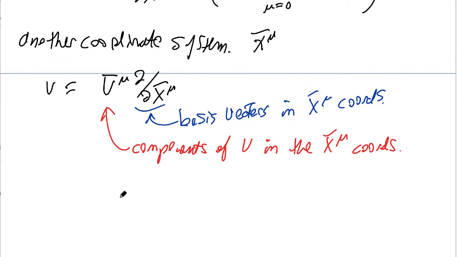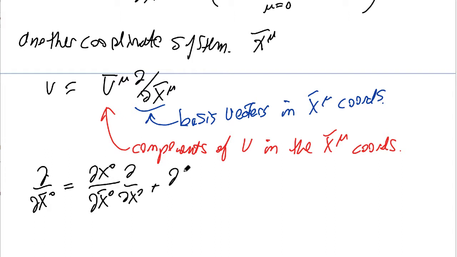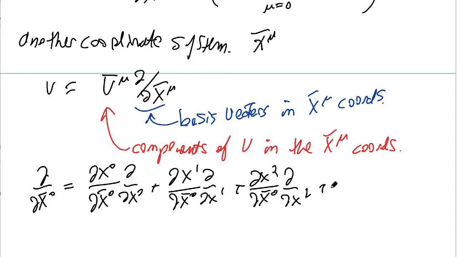Now let's take a look at one of these basis vectors, for example, d by dx bar 0. We can use the chain rule to expand this as dx^0 by dx bar 0, d by dx^0, plus dx^1 by dx bar 0, d by dx^1, plus dx^2 by dx bar 0, d by dx^2, and so forth. All right, so this sum can be written as partial x^nu with respect to x bar 0, d by dx^nu.